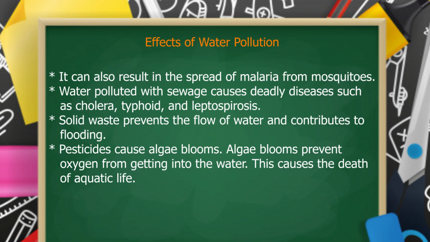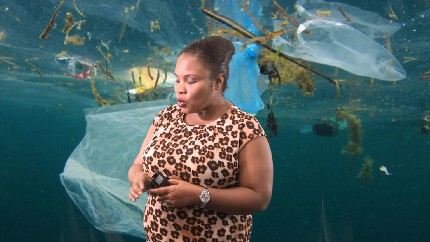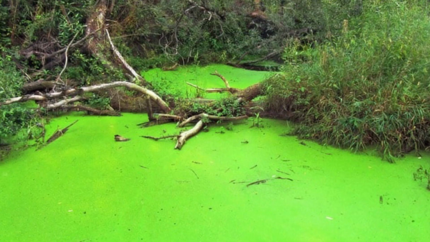Pesticides cause algae blooms. Do you know what algae blooms are? Algae blooms prevent oxygen from getting into the water. This causes the death of aquatic life. For example, if you see all these lilies here, these are called algae, this green mass that is here.